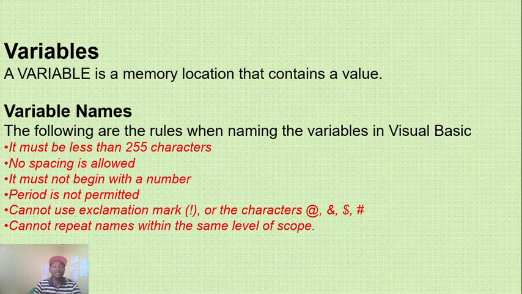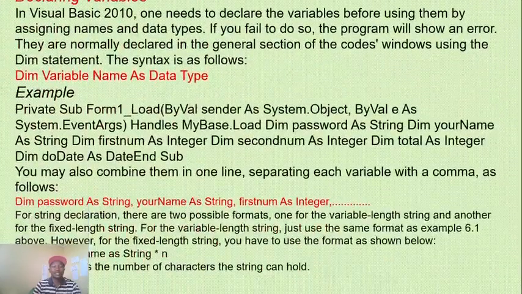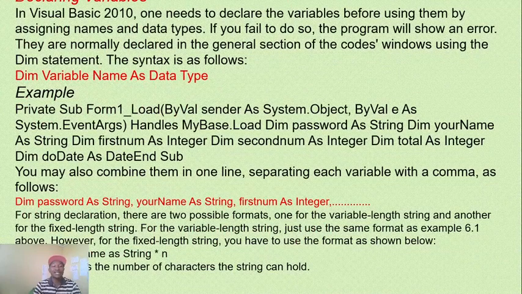You cannot repeat names within the same level of scope. We shall be looking at this in our next session, the practical session. These are some of the rules when declaring a variable. Now, in Visual Basic 2010, one needs to declare the variables before using them by assigning names and data types.